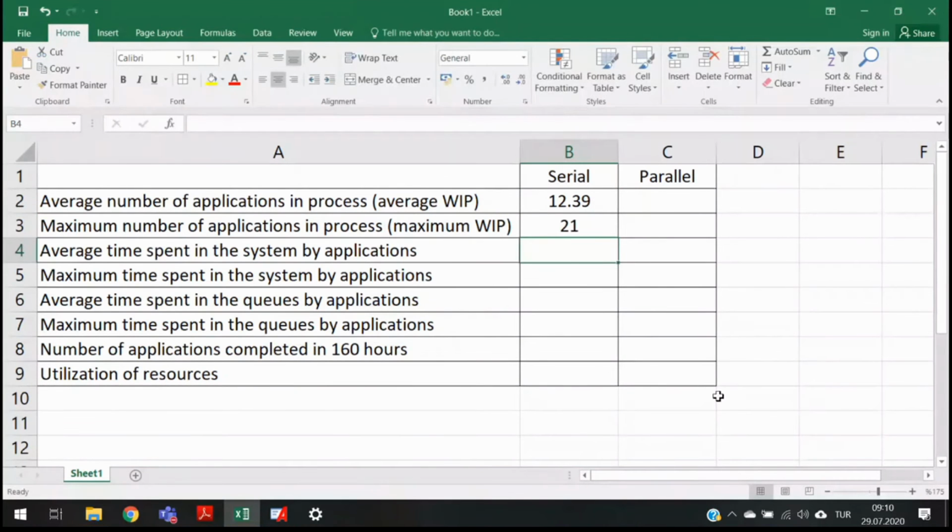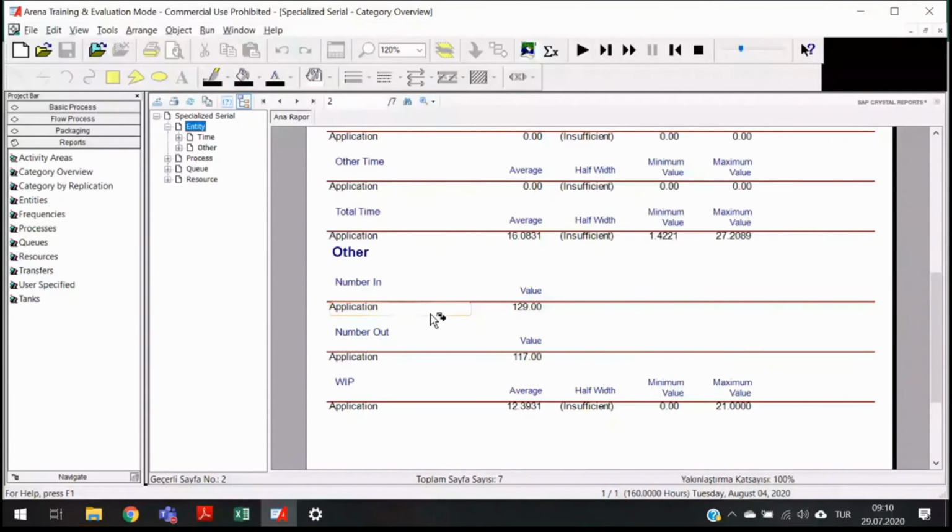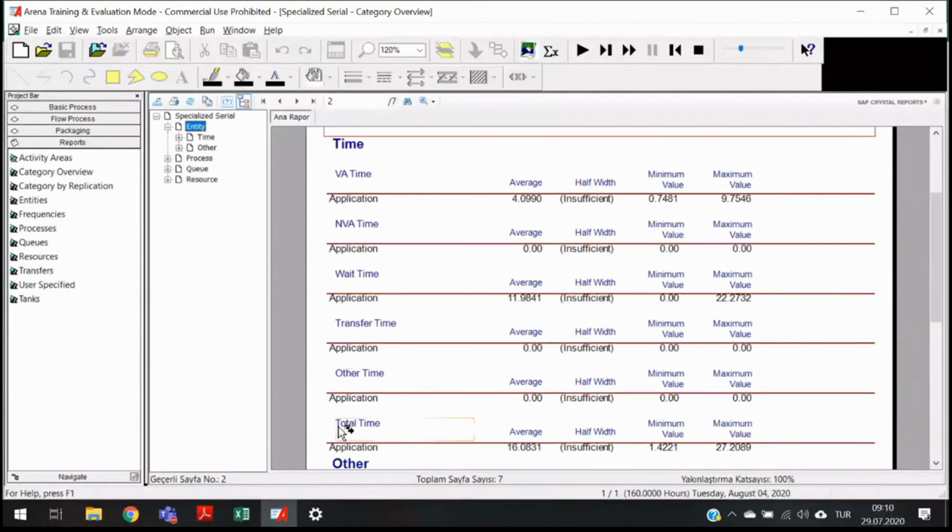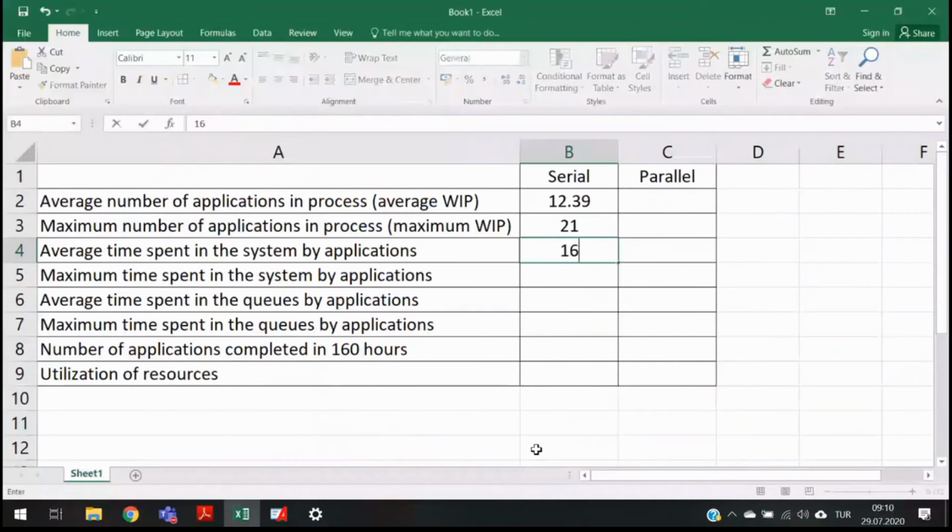What is the average time spent in the system by applications? Again, the time spent in the system by the entities can be seen in the total time here, and it is 16.08. So approximately, every entity here spends approximately 16 hours in the system.